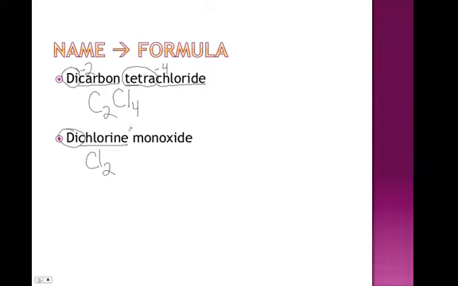Our second element, oxide, well, when we put that back to its regular ending, it is oxygen. So that is O. And mono, that prefix means 1. So I do not write this because by just writing the symbol, the 1 is implied. So dichlorine monoxide is Cl2O.